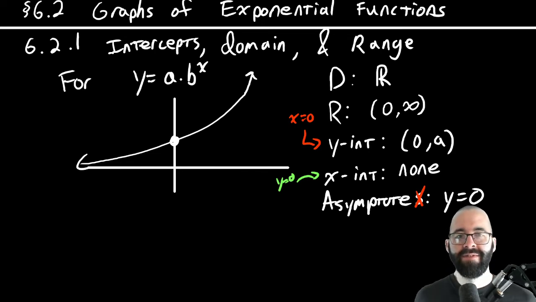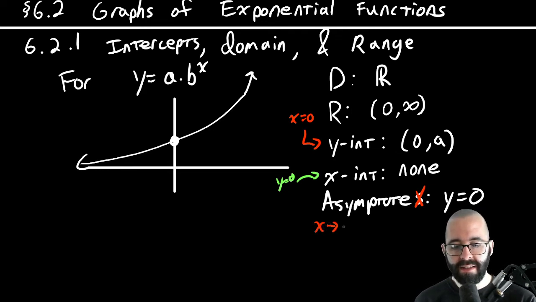And again, we could really tie things together. Asymptote, what does this mean? This means as x goes to negative infinity, y, or f of x, is approaching 0. Specifically, it's approaching 0 from above.